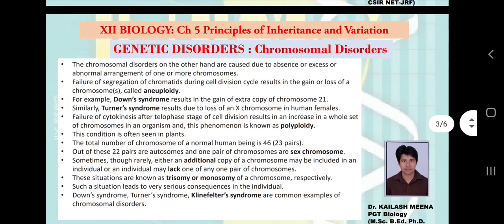In my previous video, I have talked about Mendelian disorders, which were related to change in sequence of DNA or change in genes. So chromosomal disorders are the extension of that topic. Here the sequence of DNA will not change, the amount of DNA will change or the number of chromosomes will change.